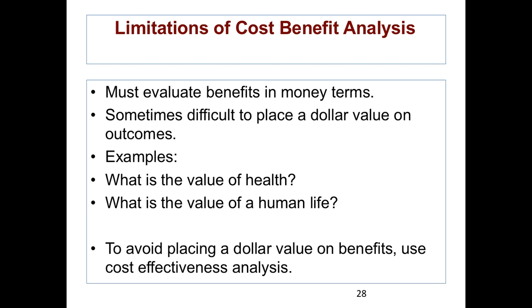Sometimes it is not ethical to put a value on human life and then decide whether to undertake a project or not. It's not ethical. So to avoid placing a dollar value on benefit, we have to use cost-effectiveness analysis.